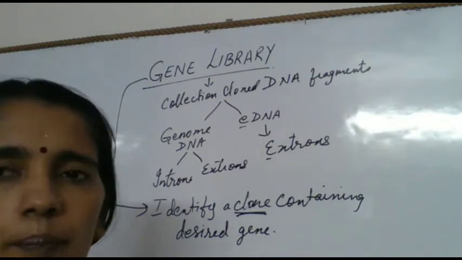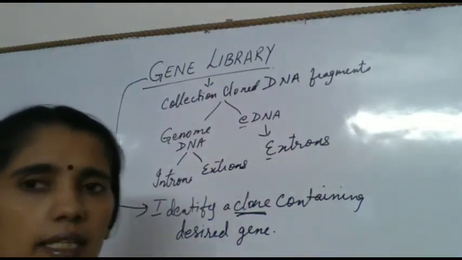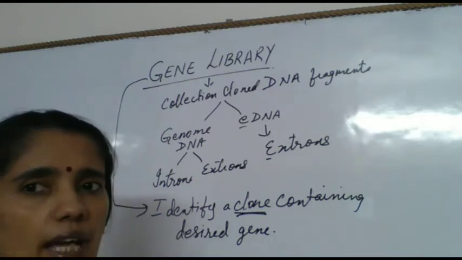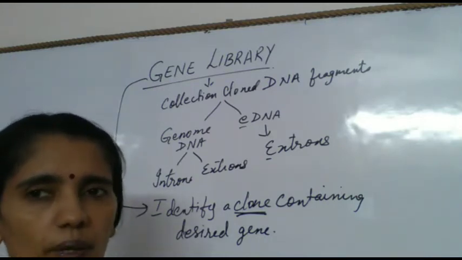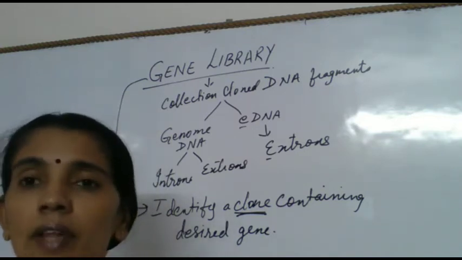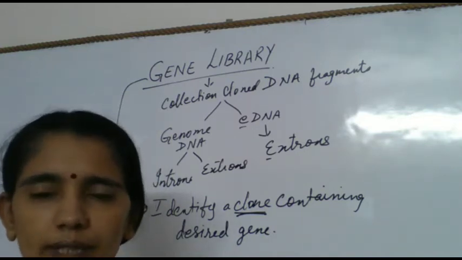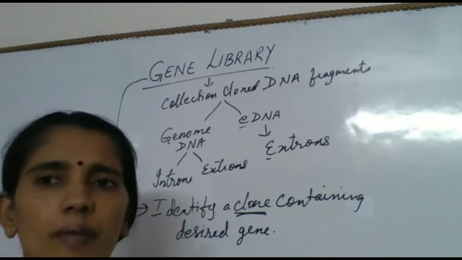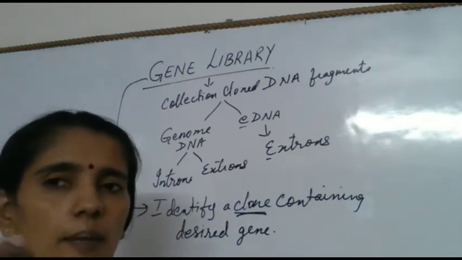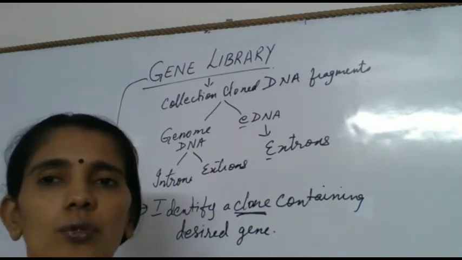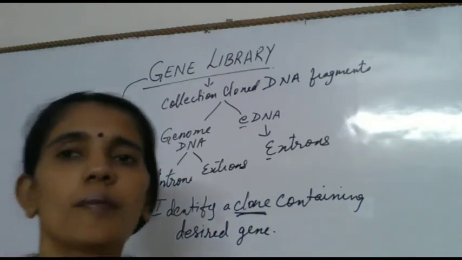Whenever you are doing recombinant DNA technology, you should do it with the help of a diagram. Once you remember the diagram, many questions are asked on the basis of that diagram in the board exam. There is no need of mugging all the points. If you understand with the help of the diagram, you will be able to score full marks in that topic.